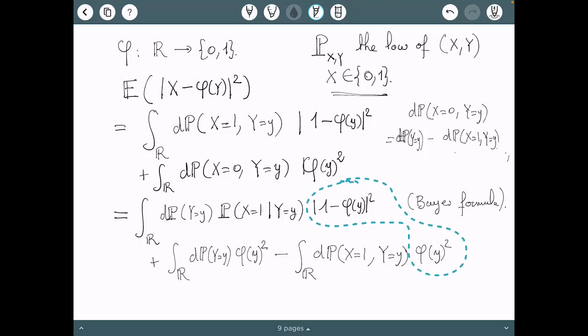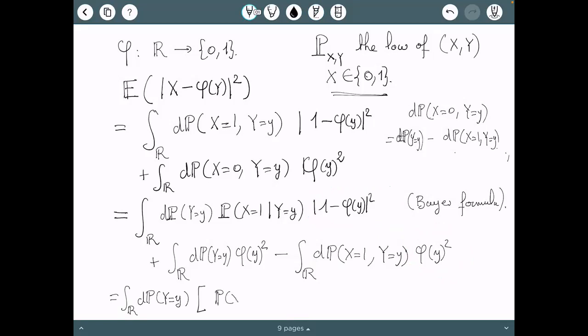What I get is the integral over R, integrated with respect to the law of Y, of the probability that X equals 1 given Y equals y, times 1 minus phi of y squared, plus, there is a minus, sorry, plus the integral over R of phi of y squared dP_Y(y).